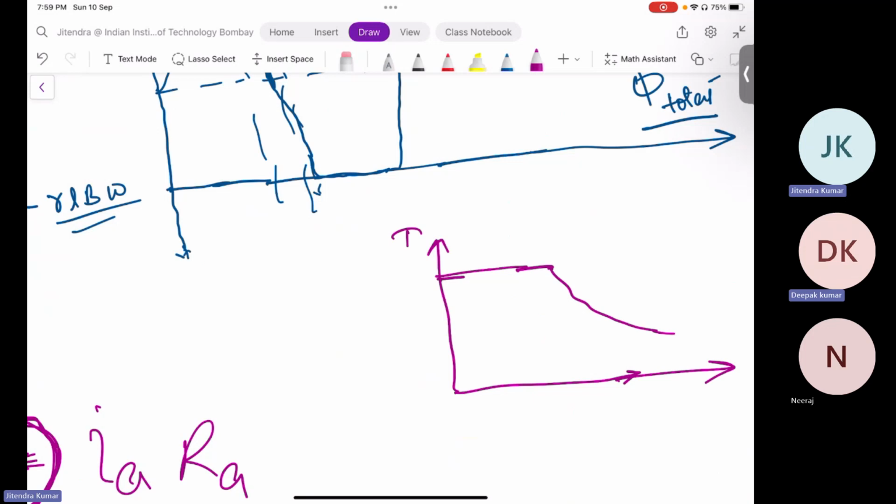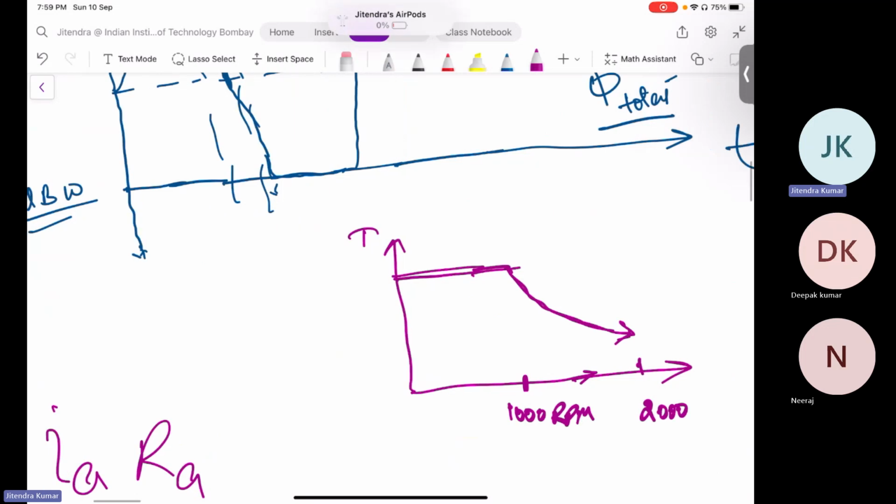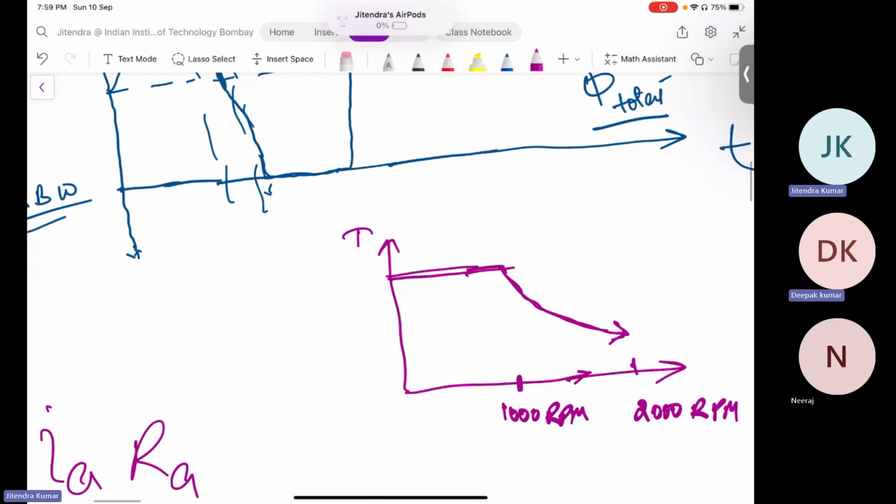As you are going at high speed, let's say your rated speed is 1000 RPM, and you have reached 2000 RPM. Now at 2000 RPM, do you require that much acceleration, what you had required at 1000 RPM, what you would have required at 0 RPM?